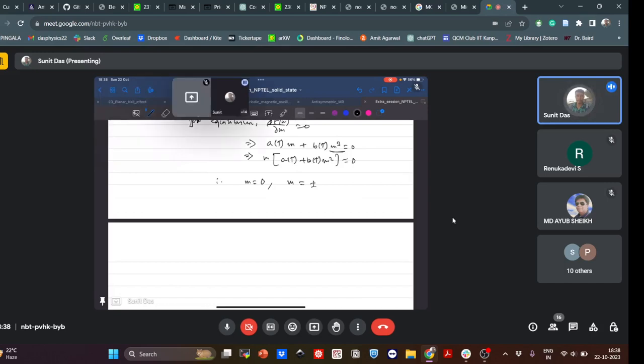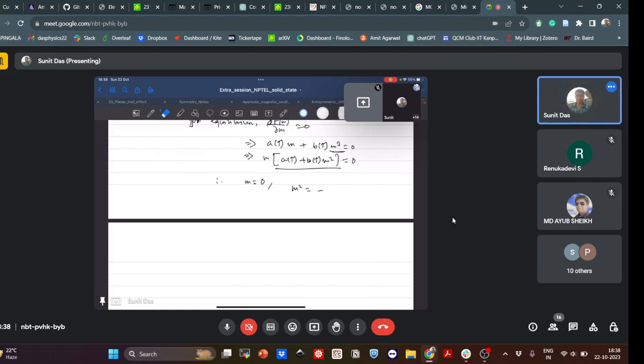Okay, so let me fully solve it. From this part, m square equal to minus a of t by b of t, right? So then m will be plus minus root of minus a of t by b of t, right?